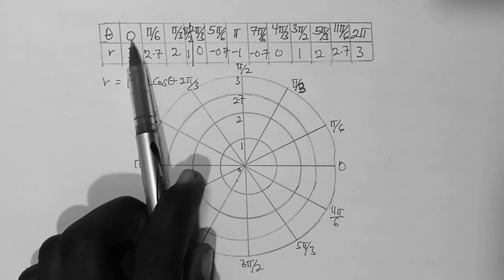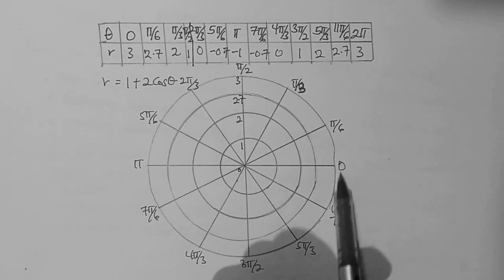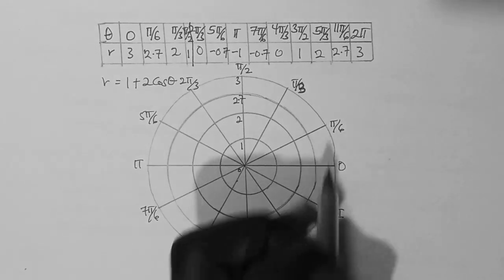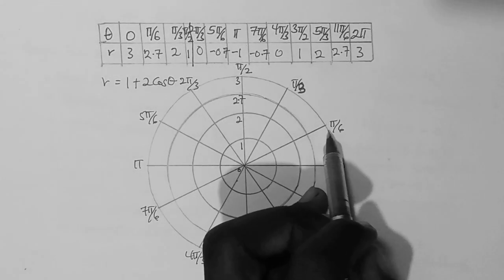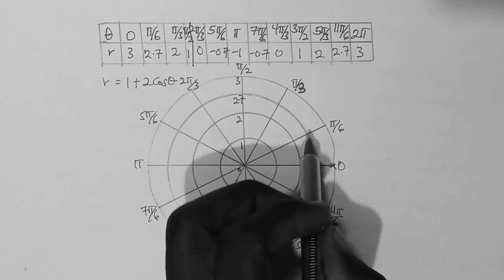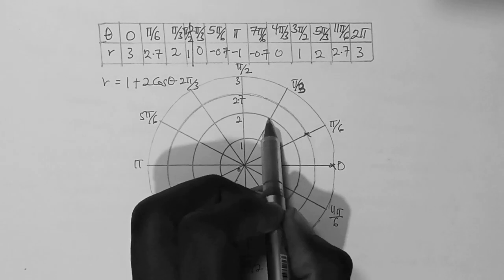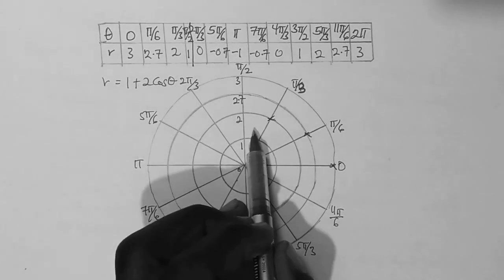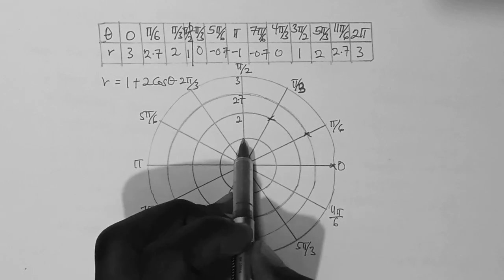Or if we come here, 0 and 3, this is 0, and then 3 is the outermost. So 0 and 3 is here. And then on pi on 6, we have 2.7. So this is 2.7. Then pi on 3, it's 2. So here is 2. And then pi on 2 is 1. So here is 1.